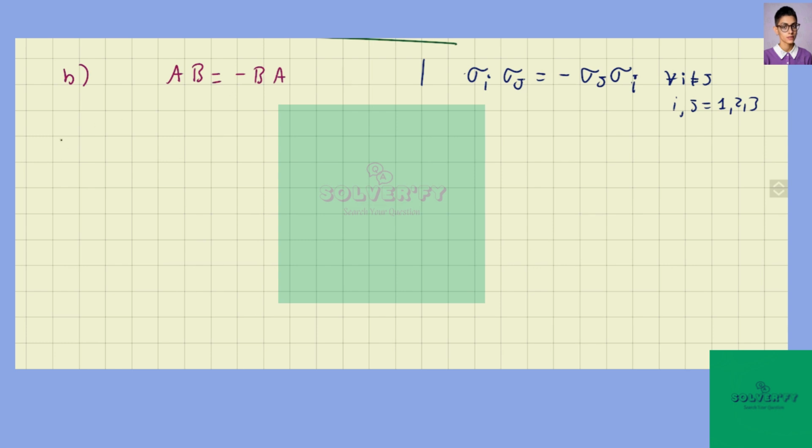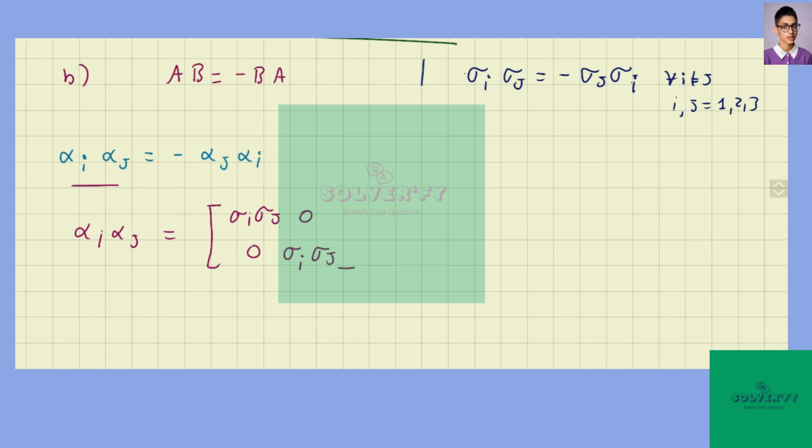So let's look at what happens with the Dirac matrices. I'm going to use similar notation. We need to show that alpha i alpha j equals minus alpha j alpha i. Let's take first the left hand side of this expression. Alpha i alpha j is equal to the matrix sigma i sigma j, 0, 0, sigma i sigma j.